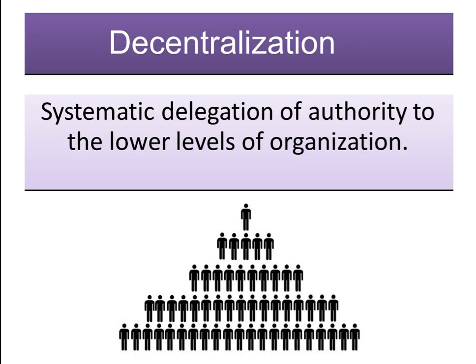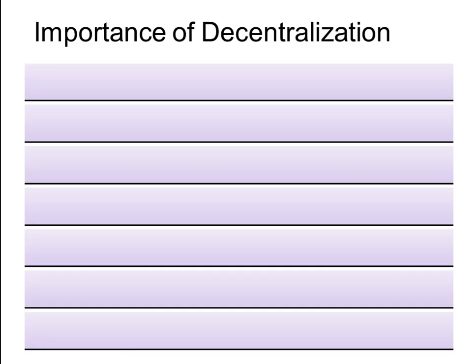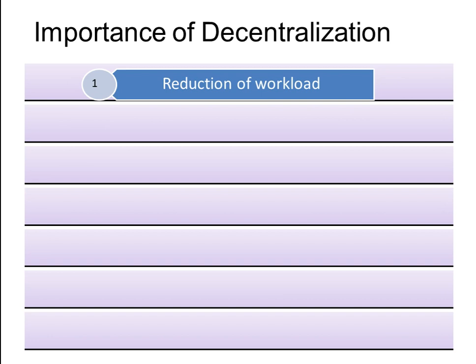So the next topic is decentralization. What is decentralization? Systematic delegation of authority to the lower levels of the organization is called decentralization. Officially and systematically we are doing this delegation. What is its importance? Reduction of workload.